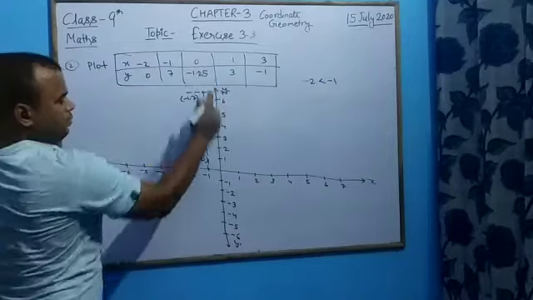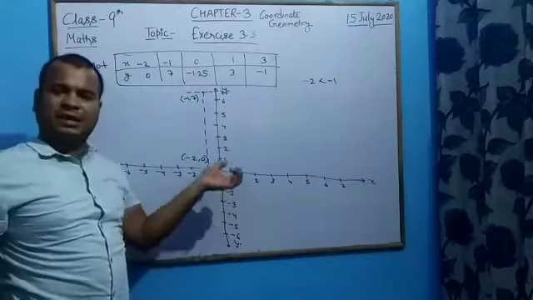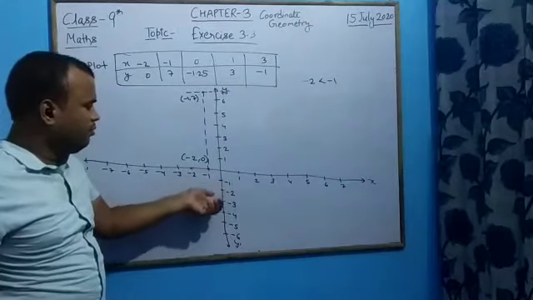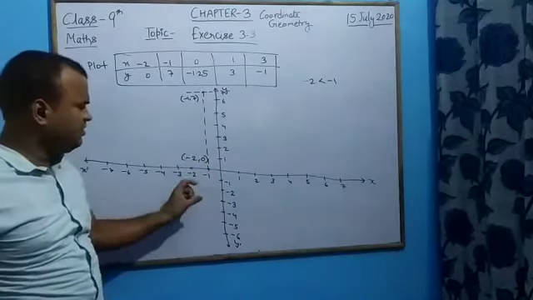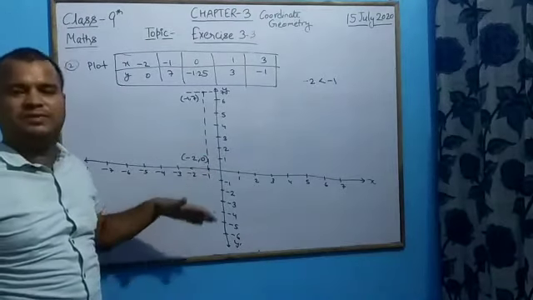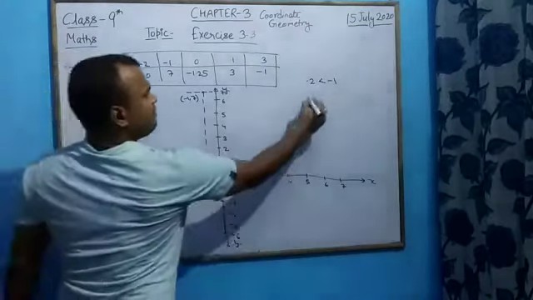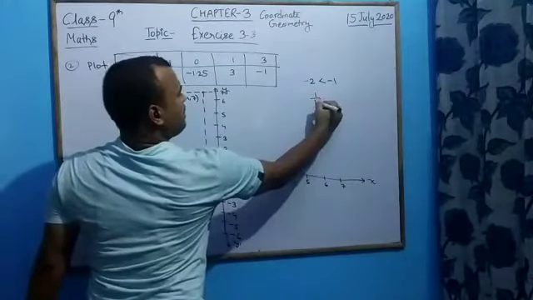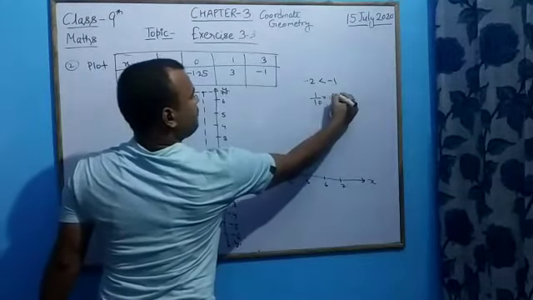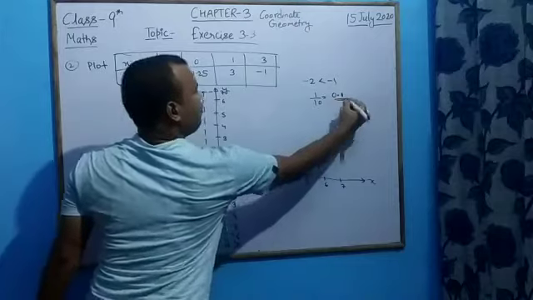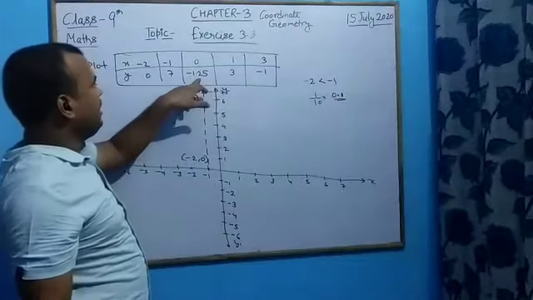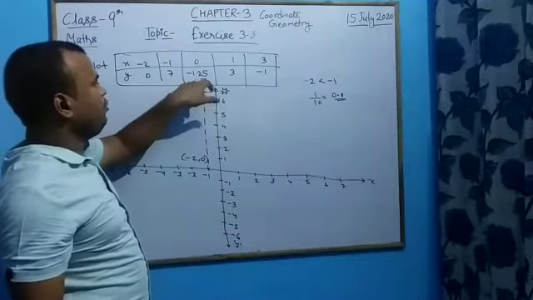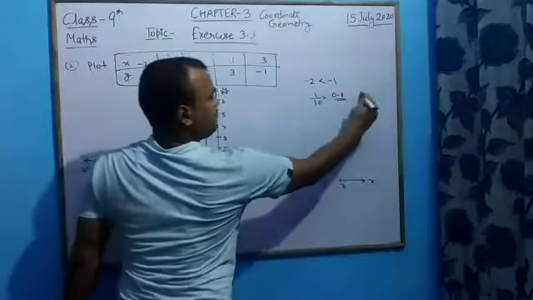When you see the graph paper, 1 centimeter has 10 divisions. What is the meaning of 1 division? 1 small division will mean 0.1. Now for 0.25, how many small divisions do we need?